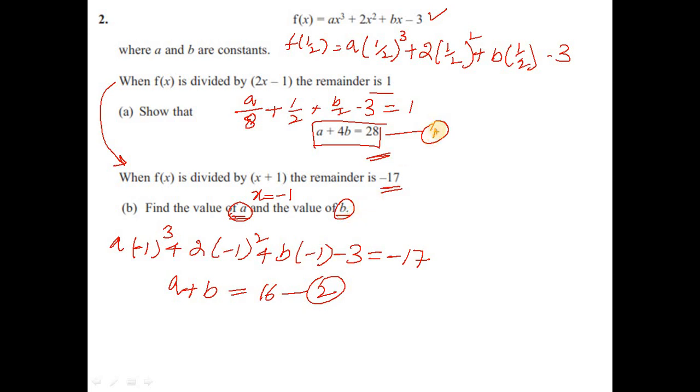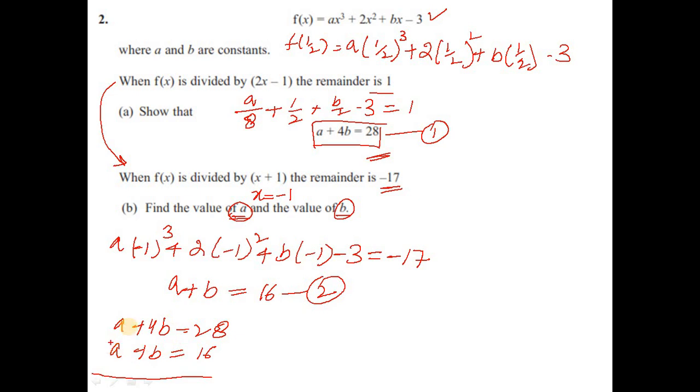So we solve equation number 1 and equation number 2 simultaneously. I'm using the elimination method, so a plus 4b is equal to 28. Underneath we have the second equation, a plus b is equal to 16.